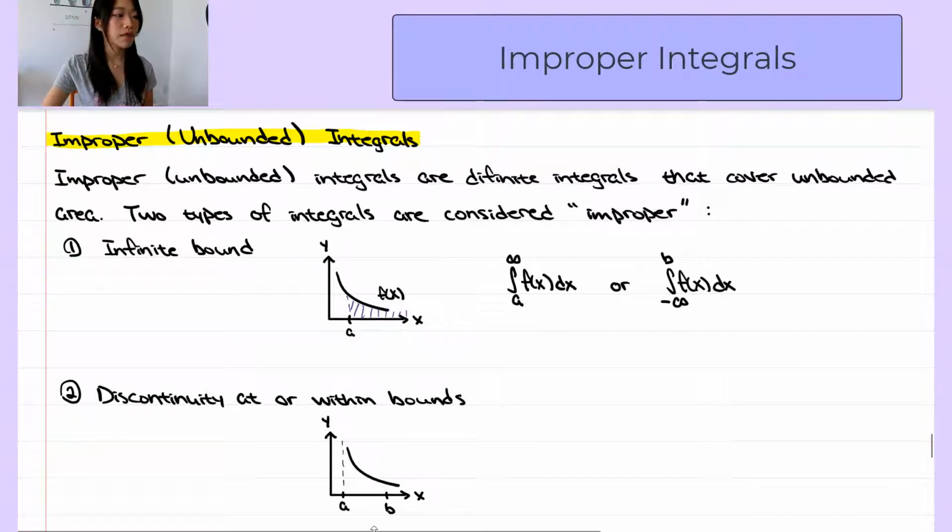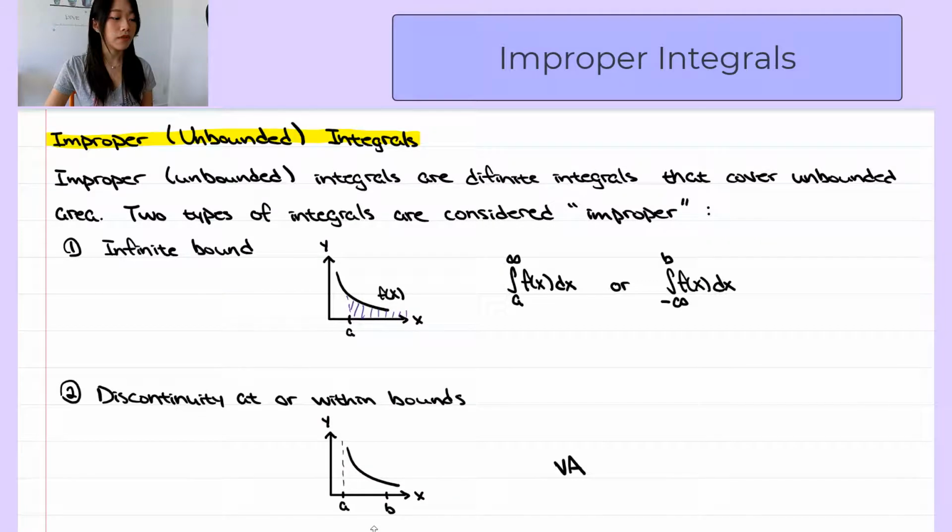And the second type of improper integral is when you have discontinuity at or within the bounds. The most common case for this type of improper integral is when you have a vertical asymptote at or within the bounds.